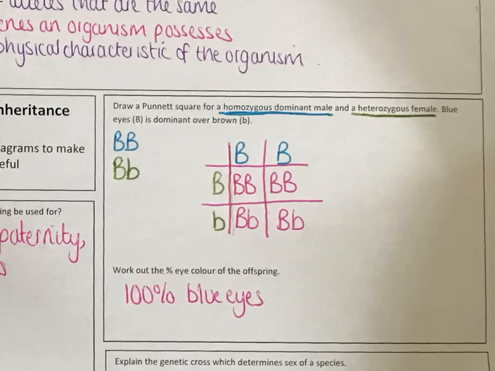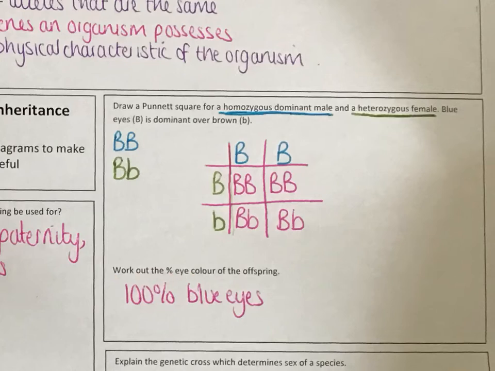Heterozygous means our alleles are different, so she must be big B, little b. And we set out our Punnett square, literally a noughts and crosses box, and then we separate our alleles. It doesn't matter which way the male and the female go, just that we split them, one goes on each side. One goes on top, one goes on the side. Okay, and then we pair them up. So we have big B, big B, little b, big B, and then little b, big B. Okay, and then work out the eye colour of the offspring.